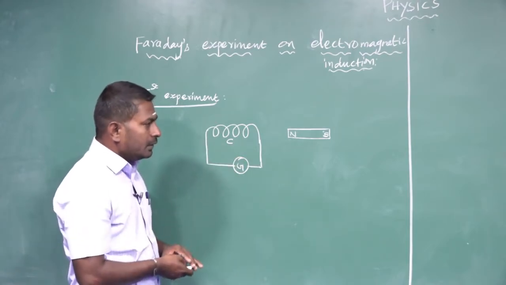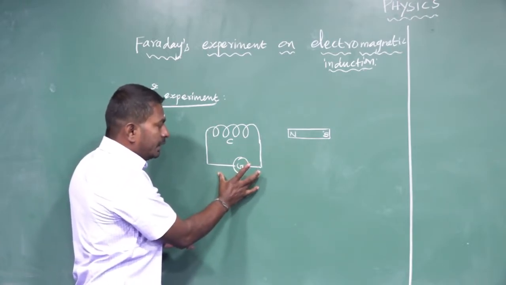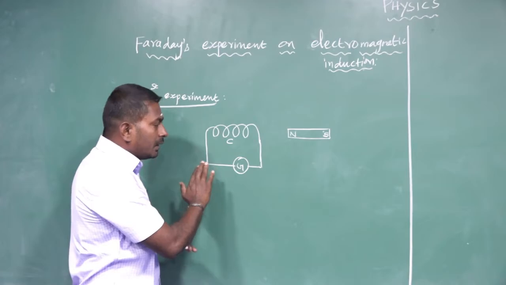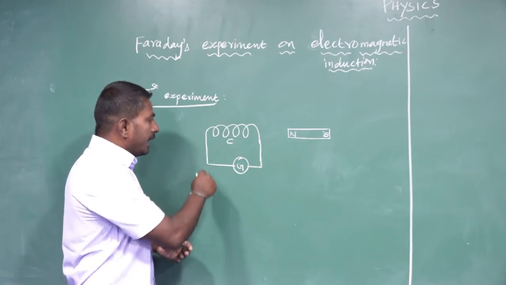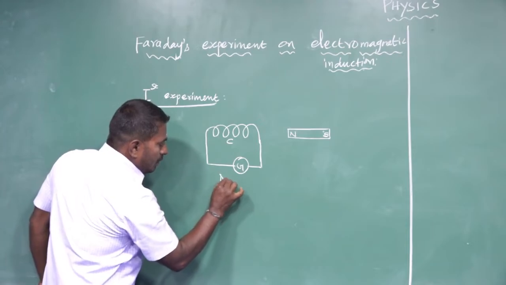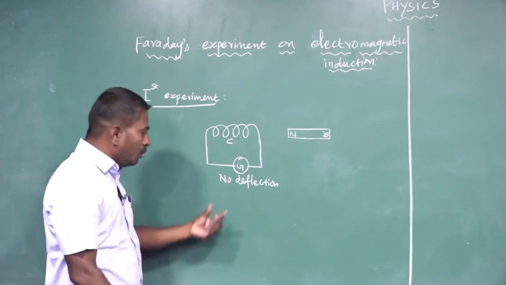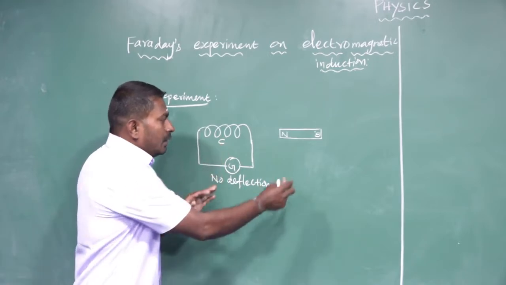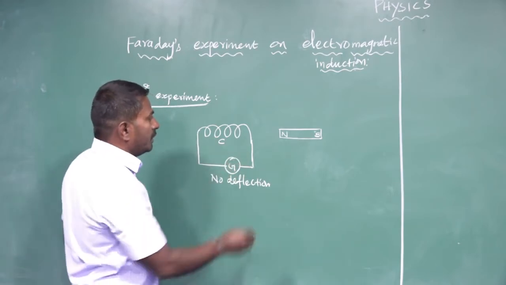When the bar magnet is stationary and the closed circuit is stationary, there is no deflection, which indicates no electric current flows through the closed circuit, because both are at rest.